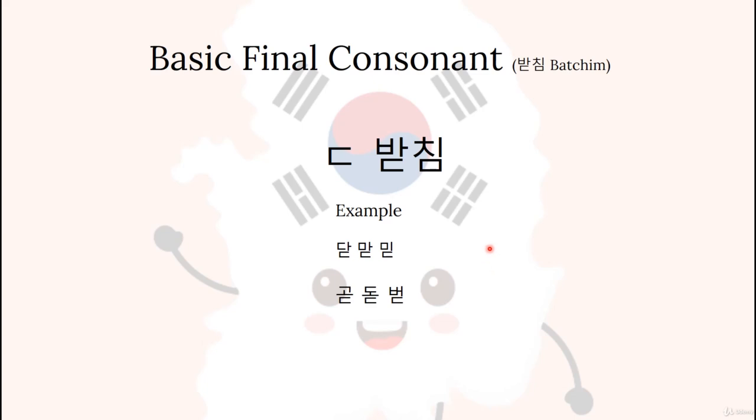Okay, let's move on. The next one, the 리을 받침, the 르 받침. Now, this one does not end with the 르 sound, but it ends with the sound 을. Okay, and I will show you how it sounds.